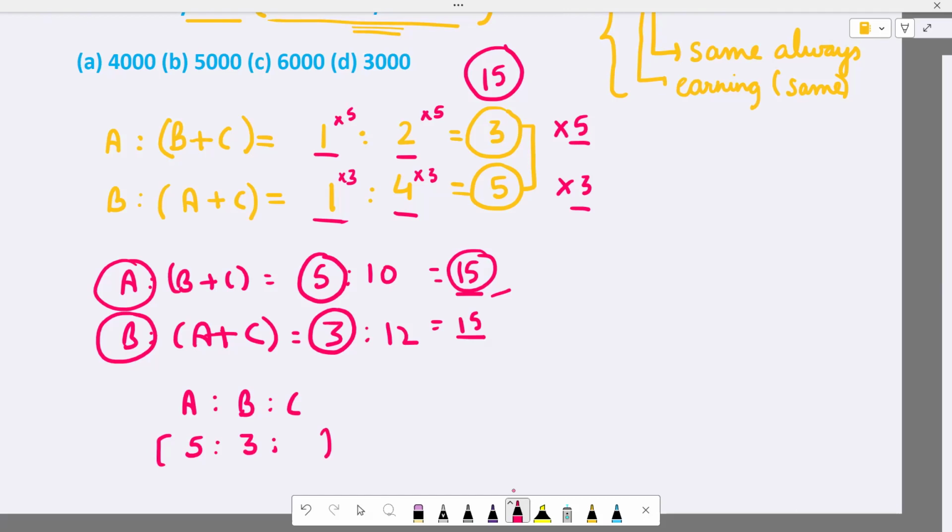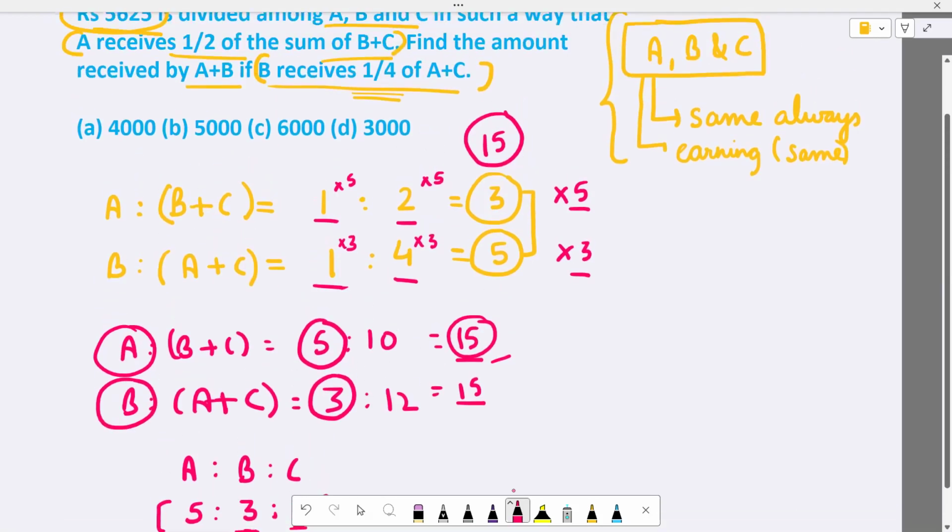So we'll subtract 5 plus 3, 8, from 15 and hence we will get 7. So this will be the ratio of A to B to C, which will be 5:3:7.